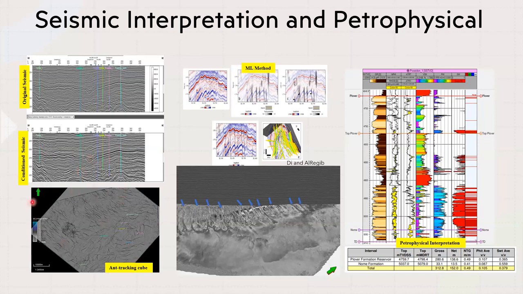In this case, we have the ant tracking cube. Over here, the fracture connectivity, the fractures in the reservoir or basement, you can predict based on different stuff. This is one of the machine learning techniques, with which you can predict the faults and fractures in a better way.